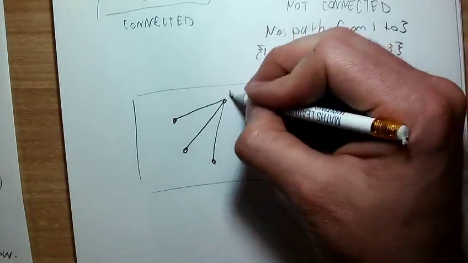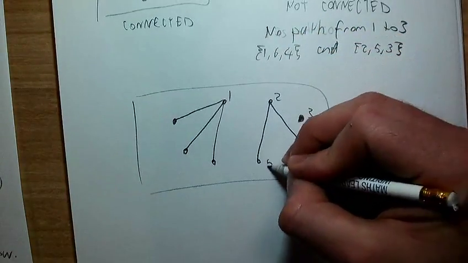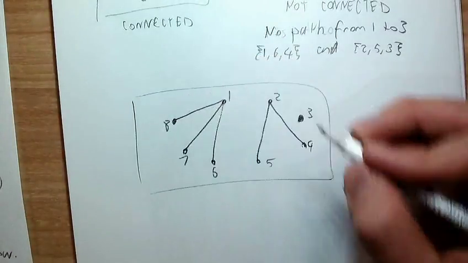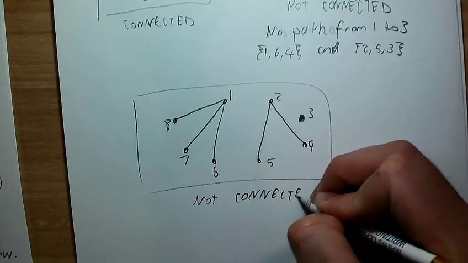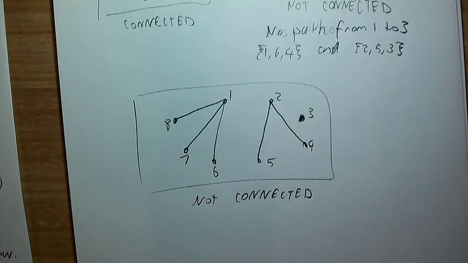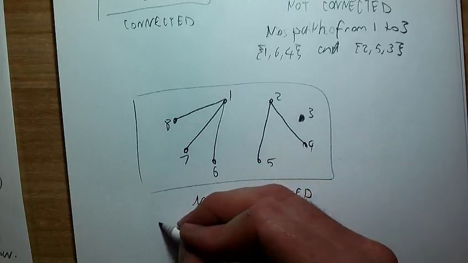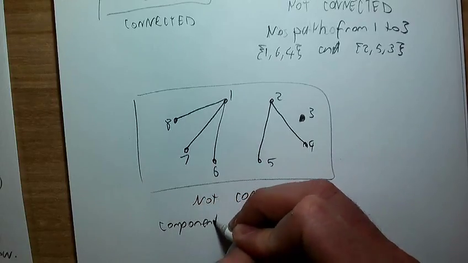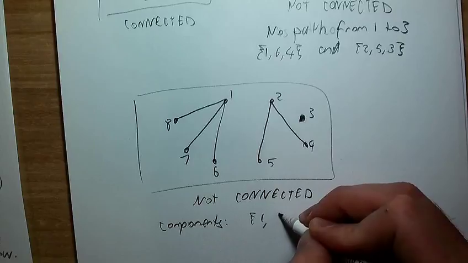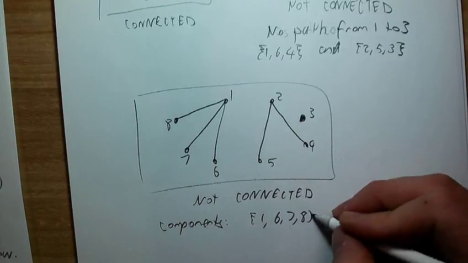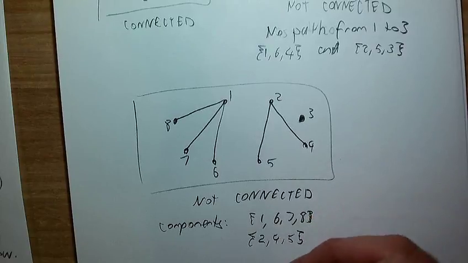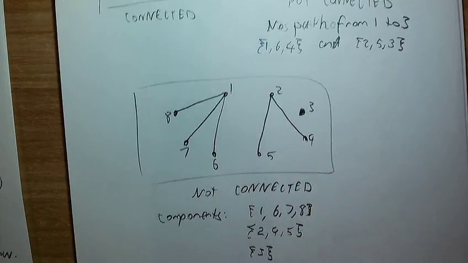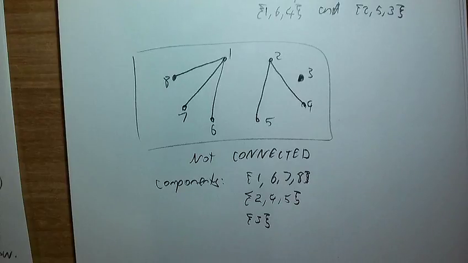So here if I label them 1, 2, 3, 7, 8, it's not connected. A little more obvious because the edges aren't overlapping, and we have components 1, 6, 7, 8, 2, 4, 5, and just 3 because it's not connected to anything else. They are my connected components.